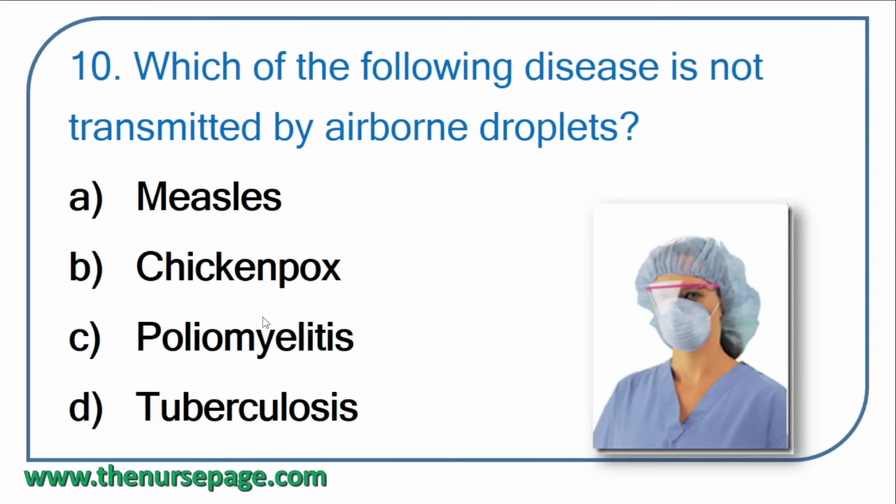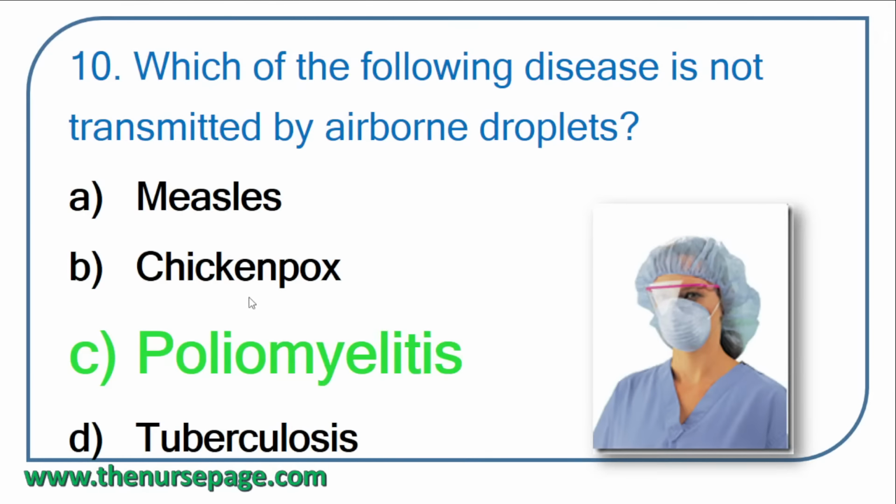Correct answer here, poliomyelitis. Poliomyelitis is not transmitted through airborne droplets because it is transmitted by the fecal-oral route. Measles, chickenpox, tuberculosis are transmitted through airborne droplets.